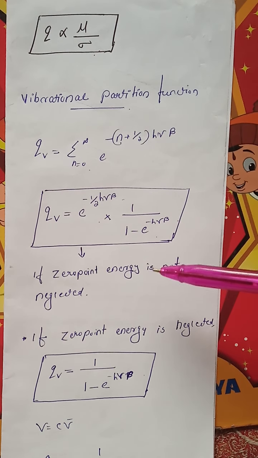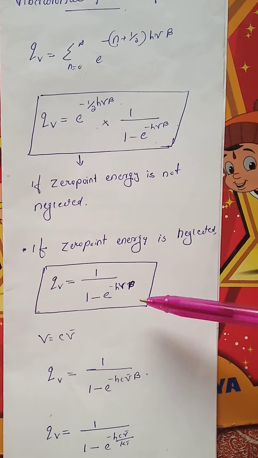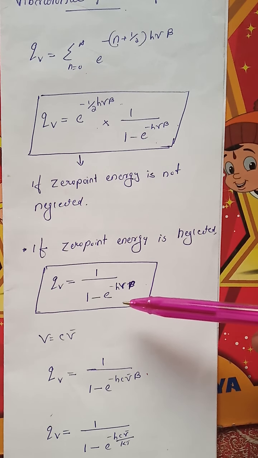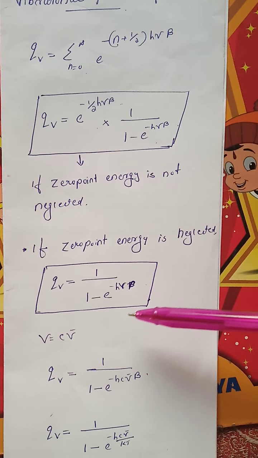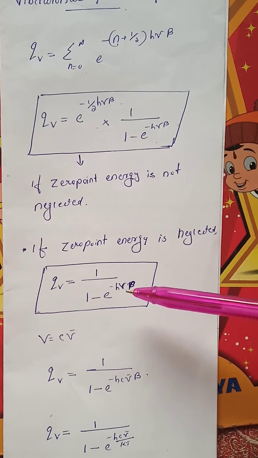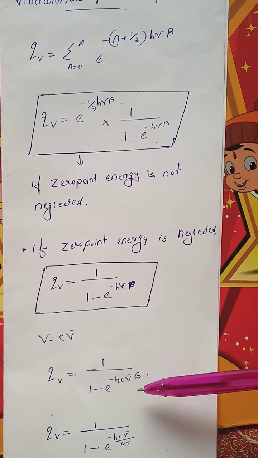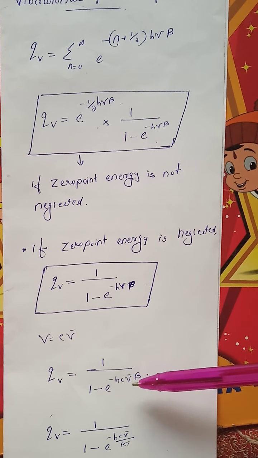This is the case when there is zero point energy. And if the zero point energy is neglected, the equation changes to 1 by 1 minus e raised to minus h nu beta. And we know that nu is equal to c into nu bar. Substituting here, the equation becomes 1 by 1 minus e raised to minus hc nu bar beta.